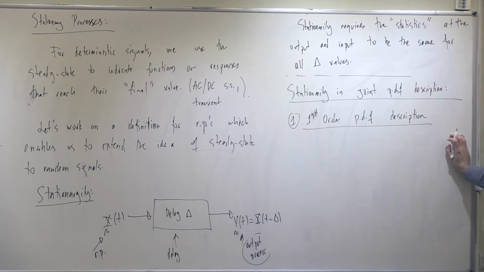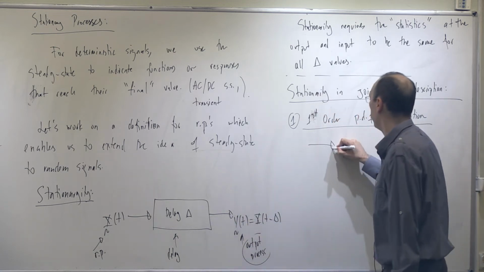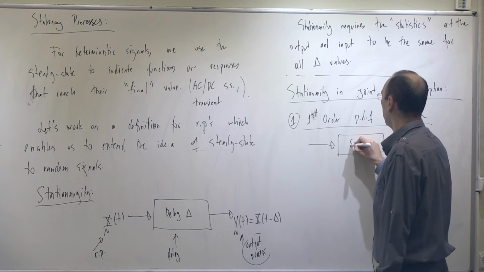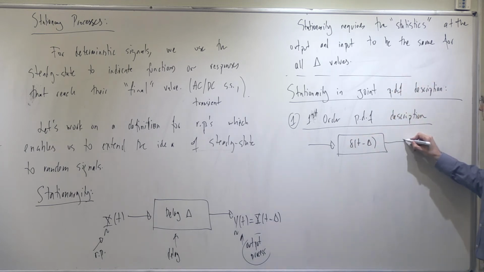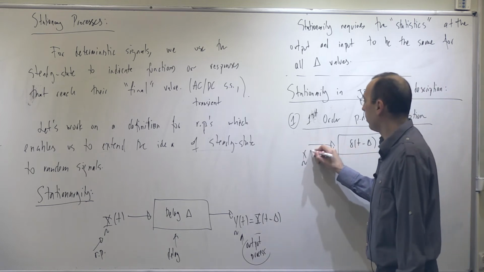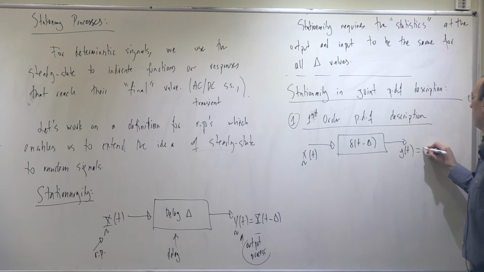Okay. Now what do I have? Let me draw it very briefly. This is the impulse response of this system. So I have x of t. I have y of t, which is x of t minus delta.